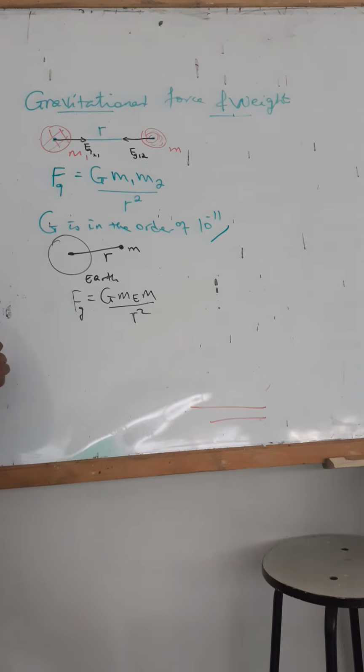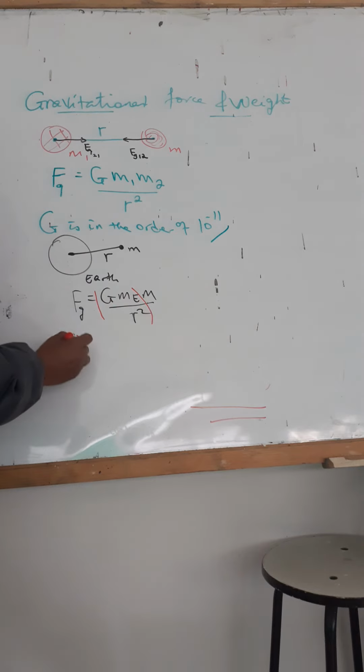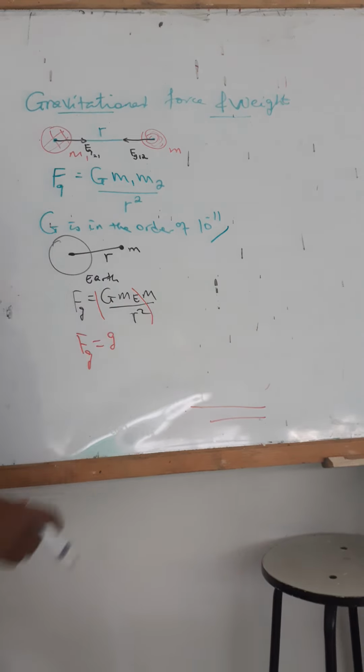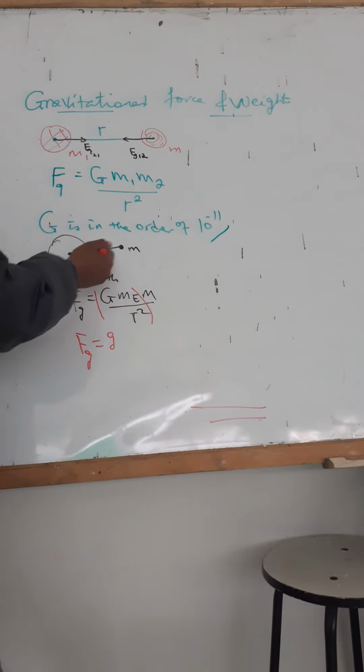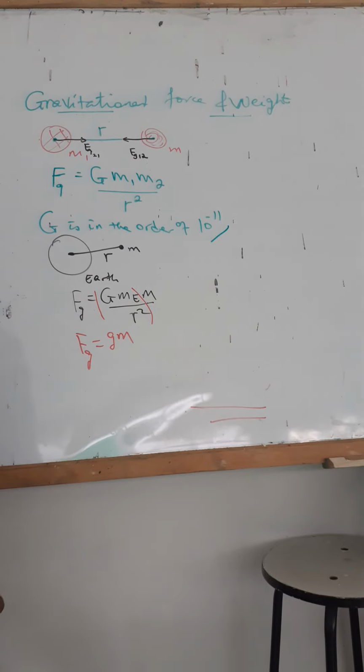So you have the equation like this, and this part is what we call g, the gravitational acceleration towards the center of the Earth due to Earth's attraction, times mass.